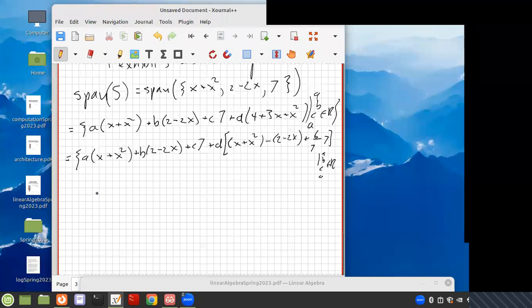Well, then I can rearrange this by collecting the coefficients. So this is going to be A plus D times x plus x squared.